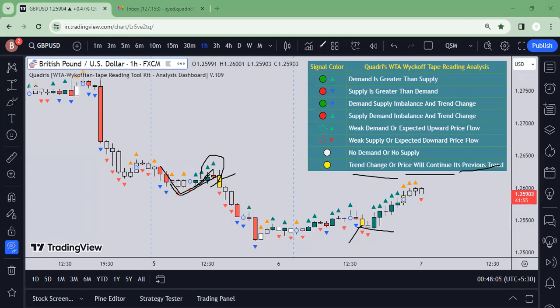So if price is going upwards, trend change means we would see price coming downwards. If not, then after this yellow bar, what is the previous trend? It is an up move, or an uptrend. So after here, we could see this kind of thing.